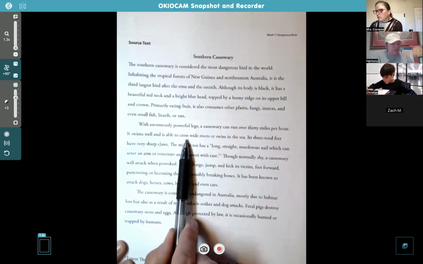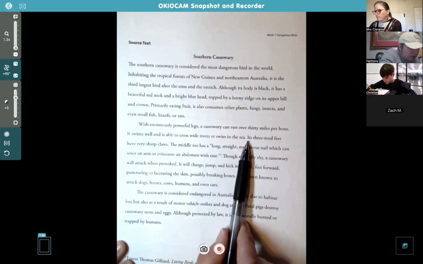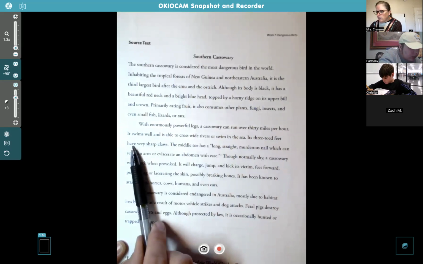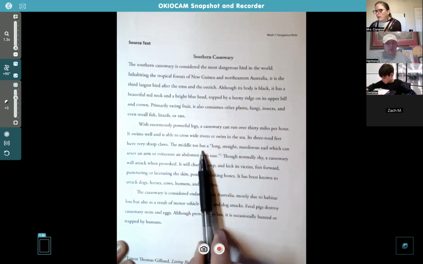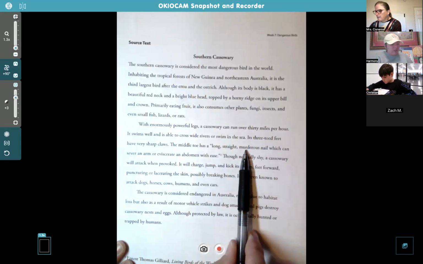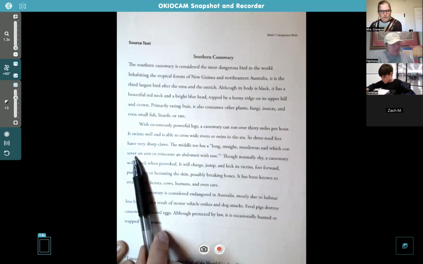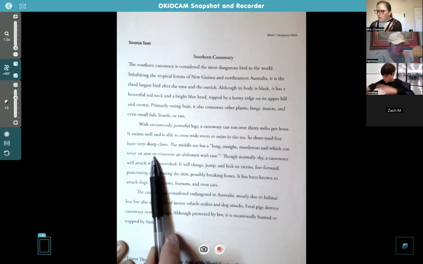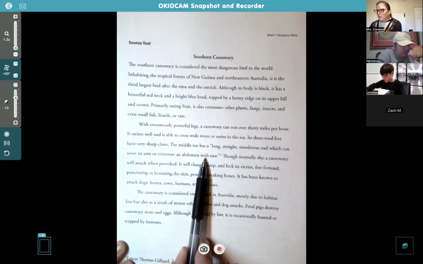And is able to cross wide rivers or swim in the sea. Its 3-toed feet have very sharp claws. The middle toe has a long, straight, murderous nail, which can sever an arm or eviscerate an abdomen with ease.